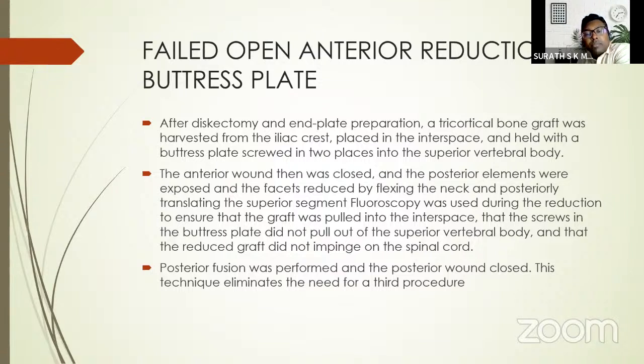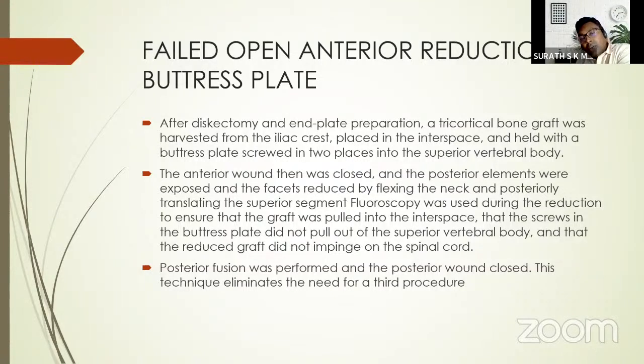You can make sure with the X-ray that the graft is in the space without impinging on the spinal cord, and that the screws in the buttress plate did not pull out of the superior vertebral body. So it prevents a third time turning the patient, what we call anterior, posterior, and again anterior.